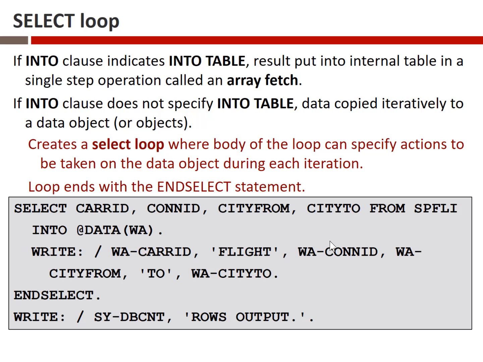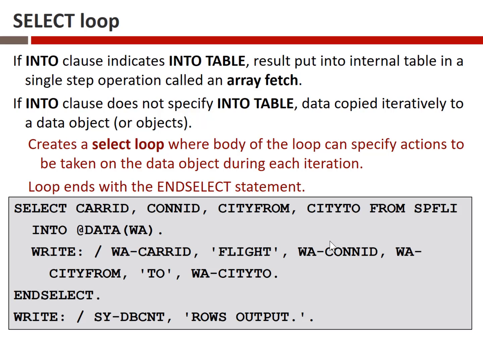But the reason I can think that is not because of the data object name I chose, but because if I don't use the word table, I'm getting back just one line of results. One line of results matches up with a work area type structure. So once again, I don't have to pre-create the work area, no type statement or data statement is needed. It's just picked up based on inference.